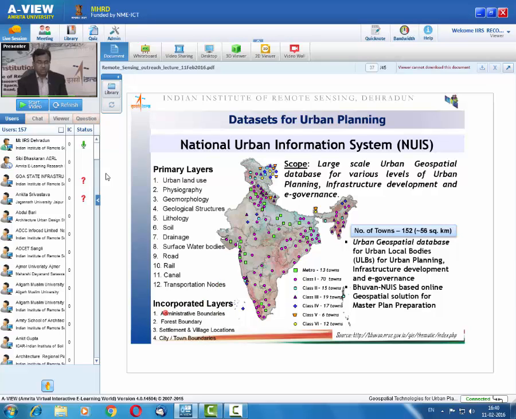In the incorporated layers, we have administrative boundaries, forest boundary, settlement and village locations, and city, town and other boundaries. And these all cover all 6 levels of city types, ranging from class 1 to class 6.